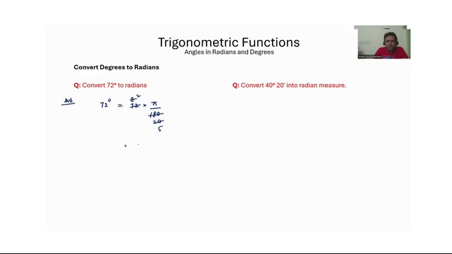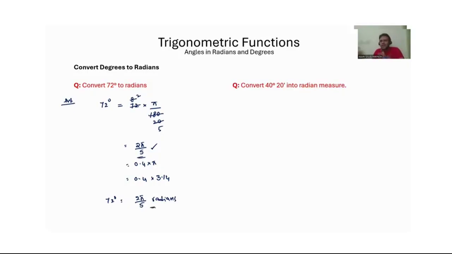So can I write this as 2 pi by 5, or 0.4 into 3.14? Multiply, that's the way. Or you can leave it up to here in radians. Or you can just write 72 degrees equals 2 pi by 5 radians.